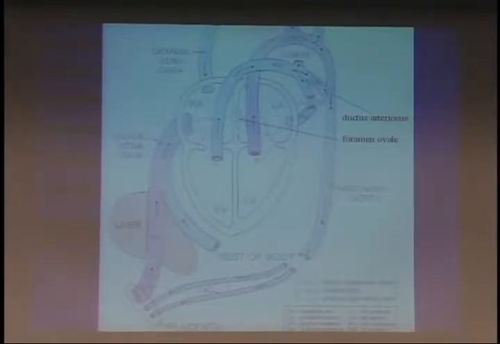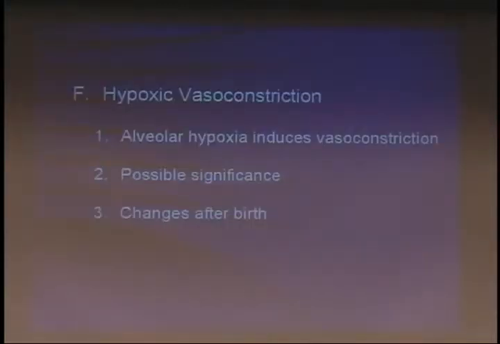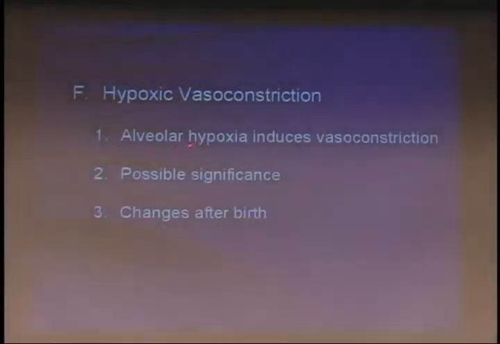Of course, what happens at birth is that when the baby takes its first breath, you have had relatively hypoxic conditions in the lung, but now you have some nice fresh room air coming in, raising the oxygen level, which causes vasodilation. So here's the opposite effect.